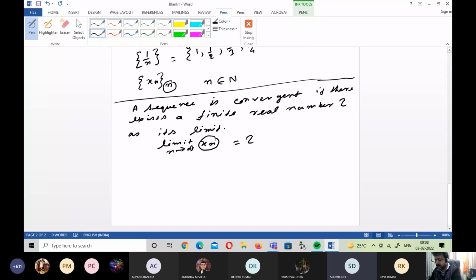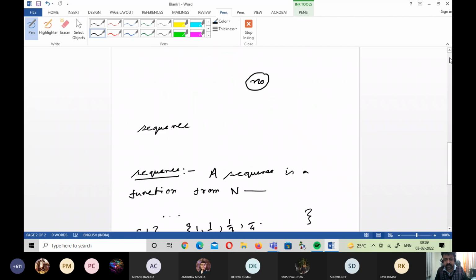This finite real number is L. And if the absolute difference between xn and L is kept less than epsilon for n greater than or equal to n0, I am showing some examples, then it will be clear to you. Otherwise, it will not be clear. Okay, I am showing some examples.